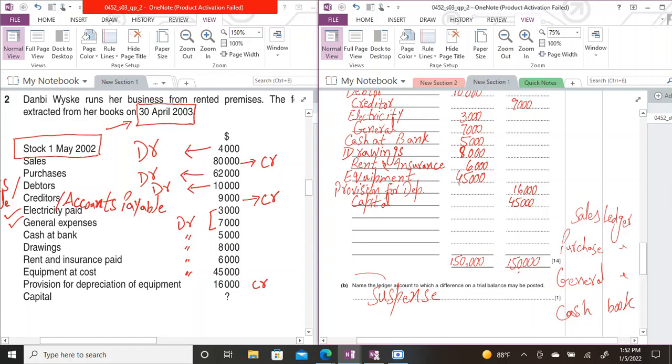Similarly, petty cash book, if you want to say, that is also a ledger. So these are the four main ledgers. So in B part, he is not asking the name of the ledger, he is asking the name of the account. That's why we will write our answer suspense A/C for account. So name the ledger account to which a difference on a trial balance may be posted. So your answer is suspense account.